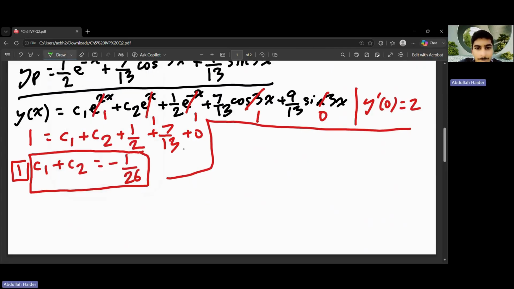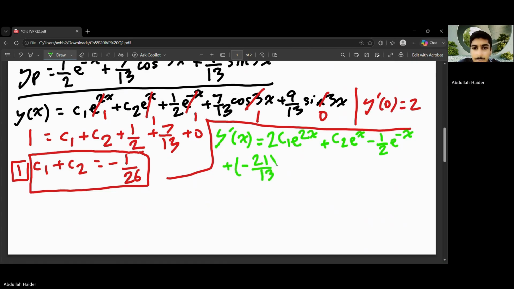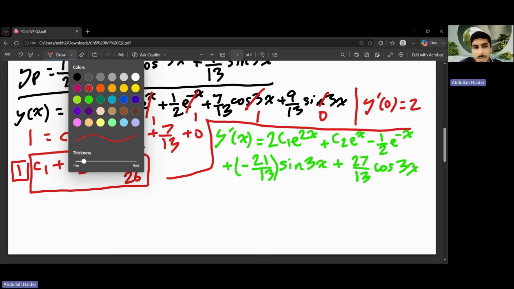So when we take our y prime of x, you get 2c1 e power 2x plus c2 e power x minus half e power minus x plus negative 21 over 13 sine 3x plus 27 over 13 cos 3x.